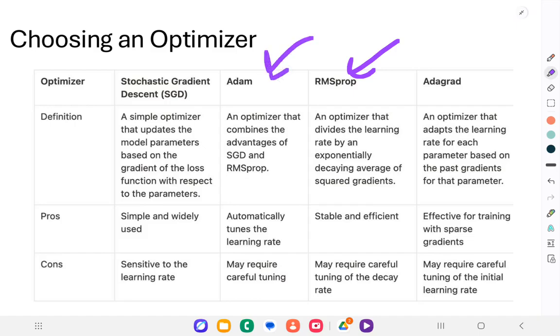There's also Adam. This one uses momentum and also adaptive scaling. It's the most commonly used optimizer in practice because it tends to converge quickly with less tuning, though sometimes it doesn't generalize better. And there are, of course, other optimizers that you should experiment with.